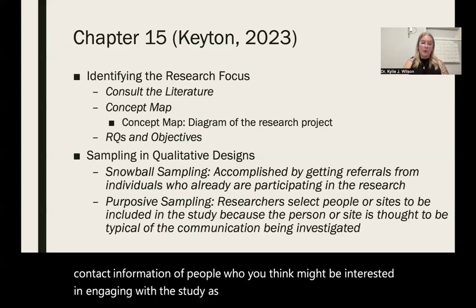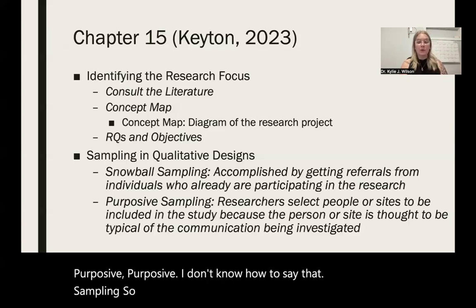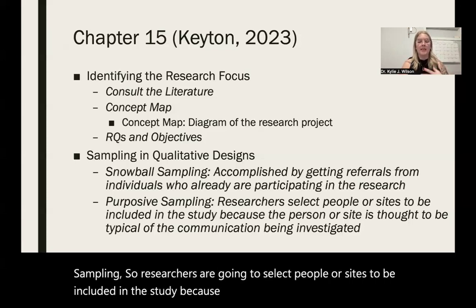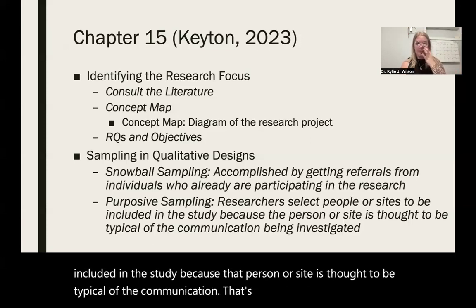Then we talk about purposive sampling. I don't know how to say that. So researchers are going to select people or sites to be included in the study because that person or site is thought to be typical of the communication that's being investigated, right?